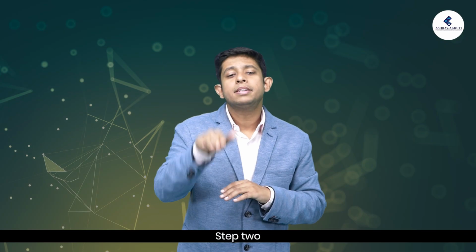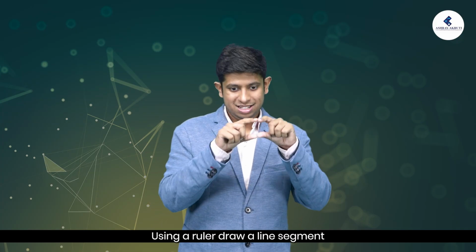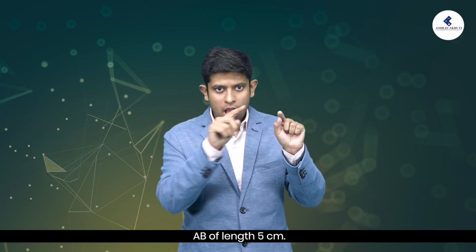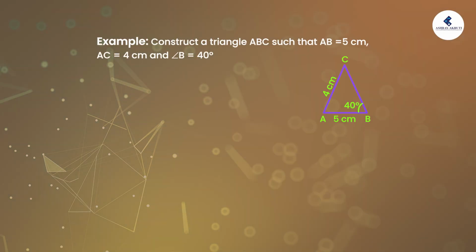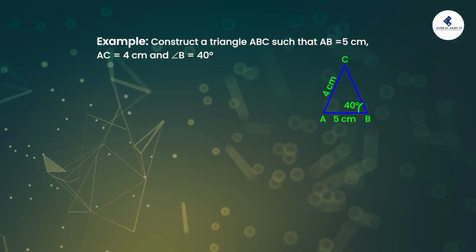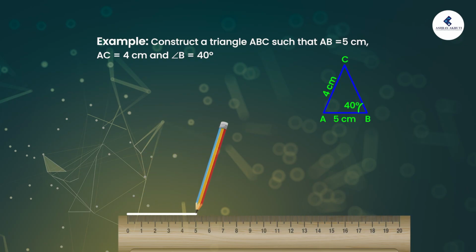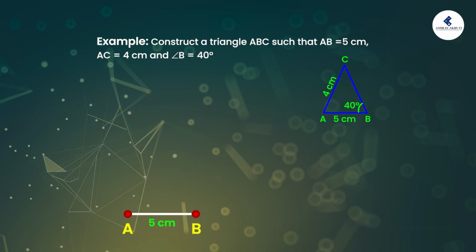Step 2. Using a ruler, draw a line segment AB of length 5 cm. Step 3.